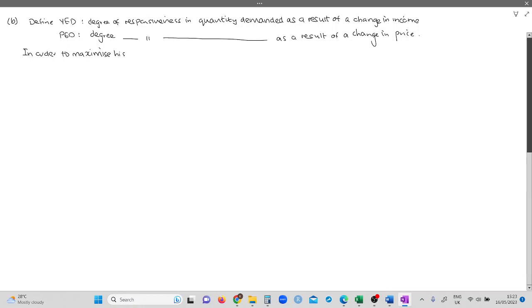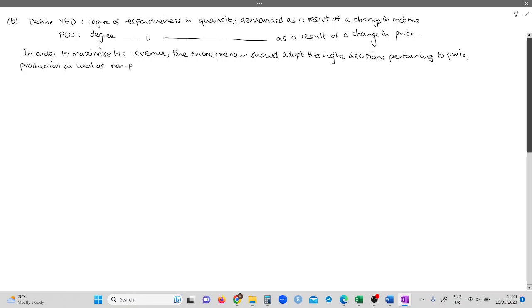So, in order to maximize his revenue or even profit, the entrepreneur, in a situation of recession, with falling income, should adopt the right decisions pertaining to price, production, as well as non-pricing measures.